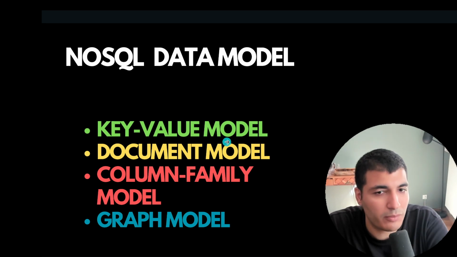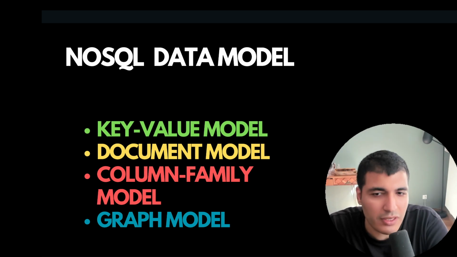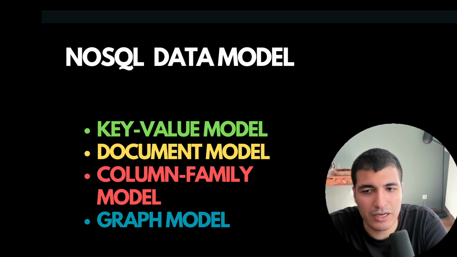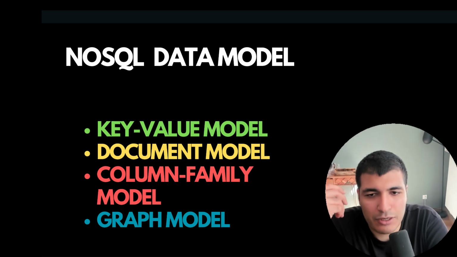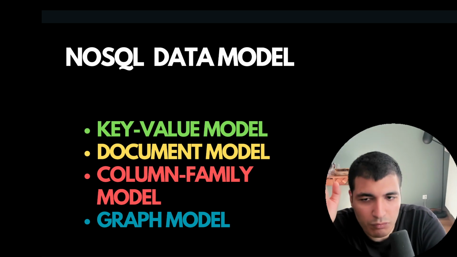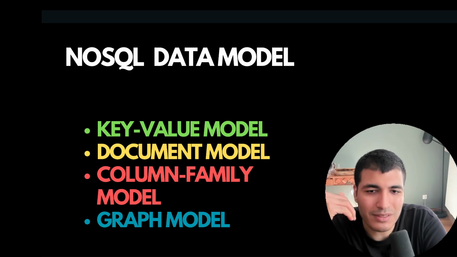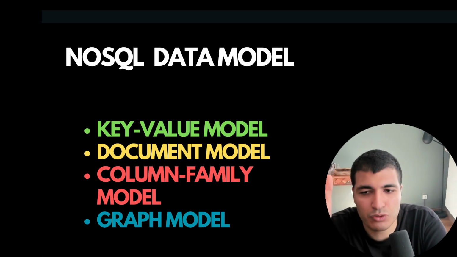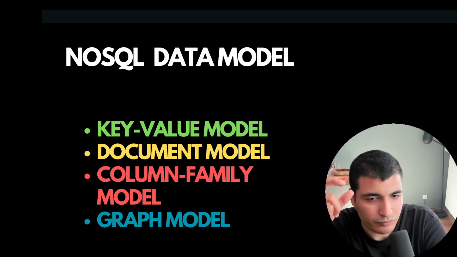Next, we have the document model. Document databases like MongoDB, for example, store data as documents, often in JSON or similar formats like BSON. Each document has a unique ID and contains a set of key value pairs. The beauty here is that documents can have varying structure, so you don't have to adhere to a rigid schema across all data.